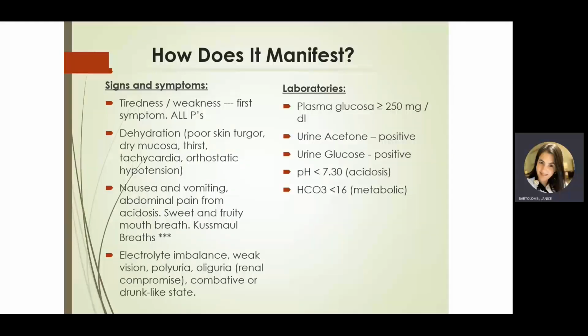Maybe their mucosa start getting dry, their lips. You could have tachycardia and orthostatic hypotension. And then from the acidic state, when your pH starts lowering, that causes nausea and vomiting as well as abdominal pain.